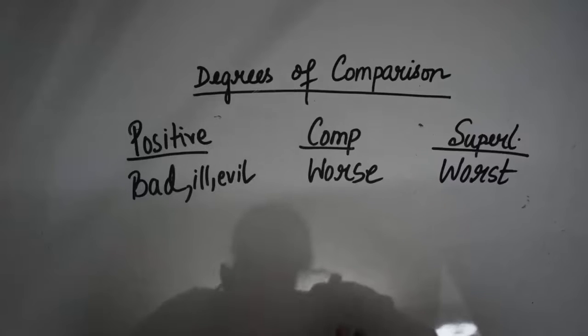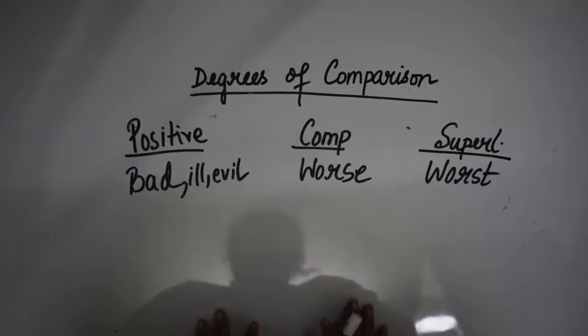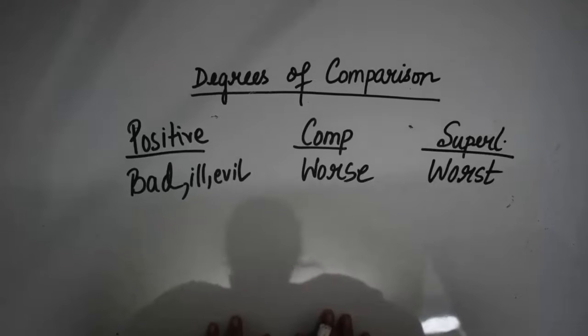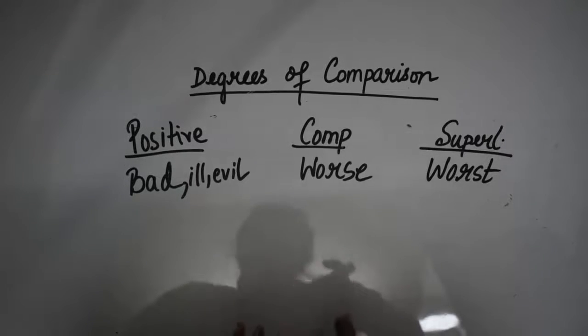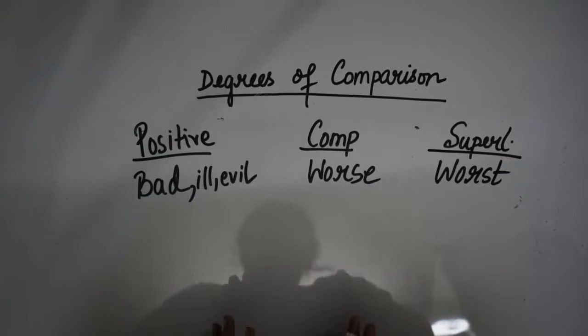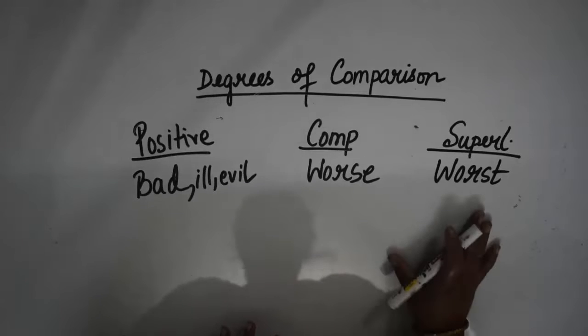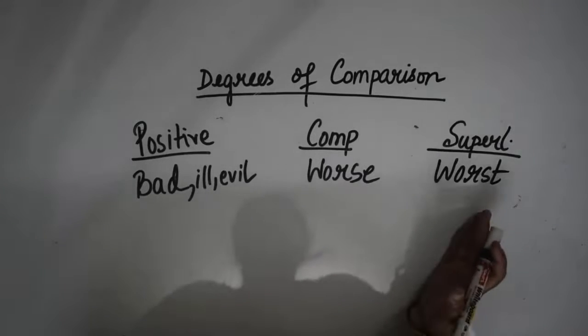You don't say more bad or worser. You say worse. Bad, worse, and superlative, I'm the worst. You don't say baddest or illest, evilest. No, it's worst. Bad, worse, worst.